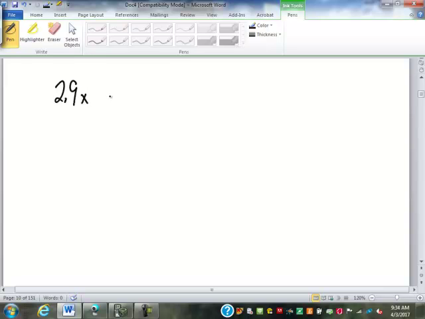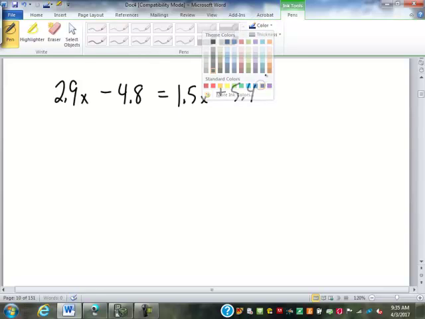So let's have 2.9x minus 4.8 equals 1.5x plus 5.4. Where do we start here?